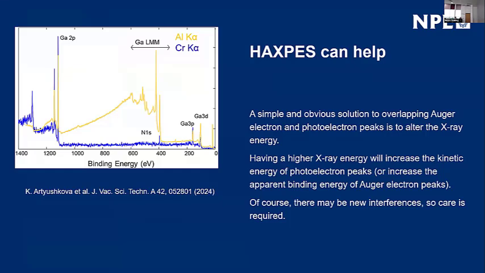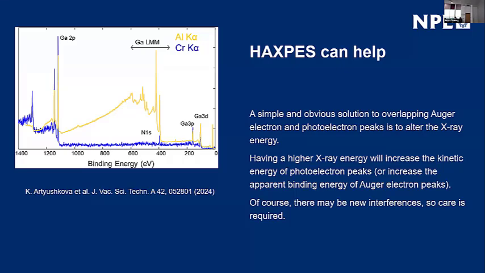Here's another problem child for XPS, gallium nitride. So we know there's nitrogen there, but if you look at the yellow XPS spectra, it's pretty hard to spot because there's a load of gallium LMM, or gallium Auger peaks, sitting right over where the nitrogen 1s is.